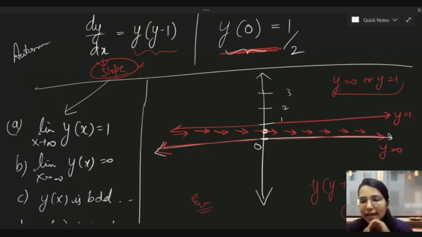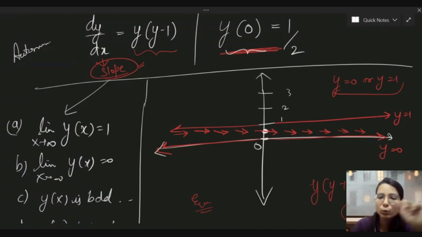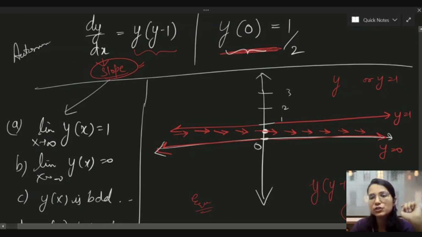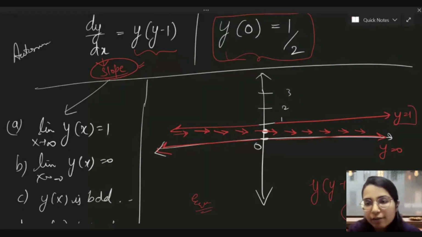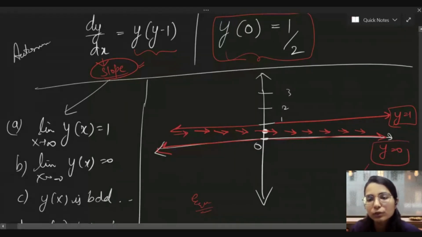And does it touch y equal to 1 or y equal to 0? No, not at all. It doesn't touch these points because it doesn't pass through them. So y equal to 1 and y equal to 0 both act as asymptotes for our solution.